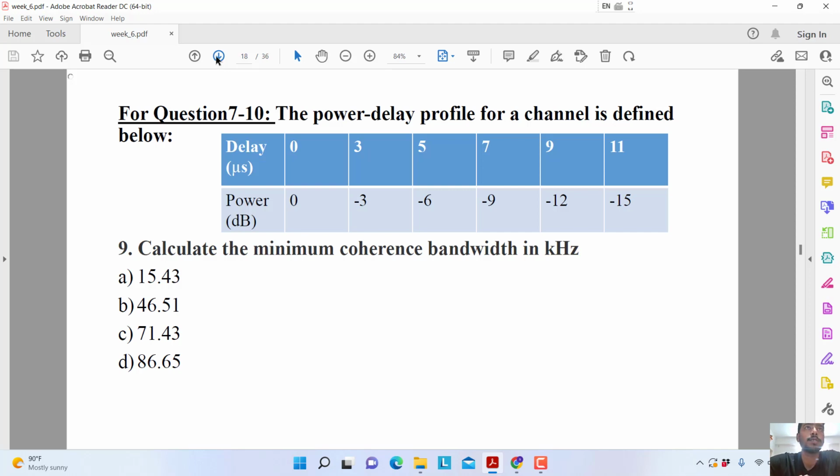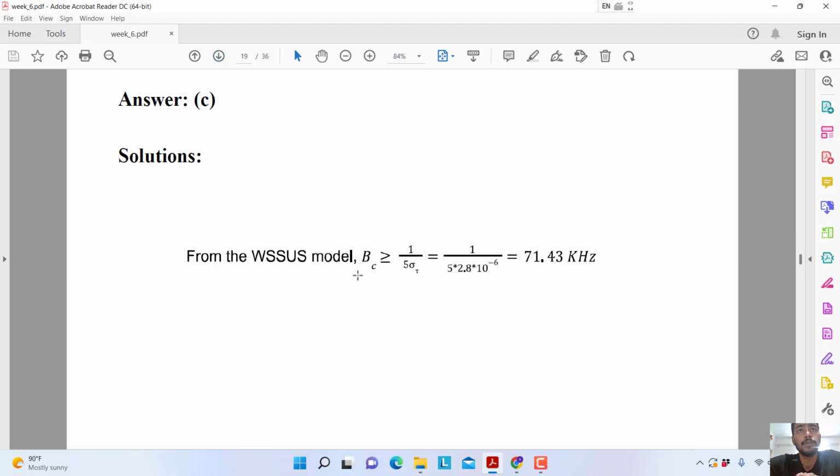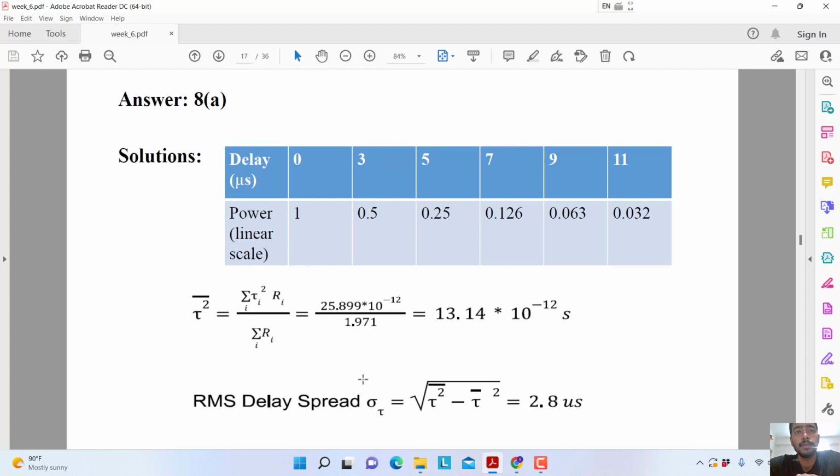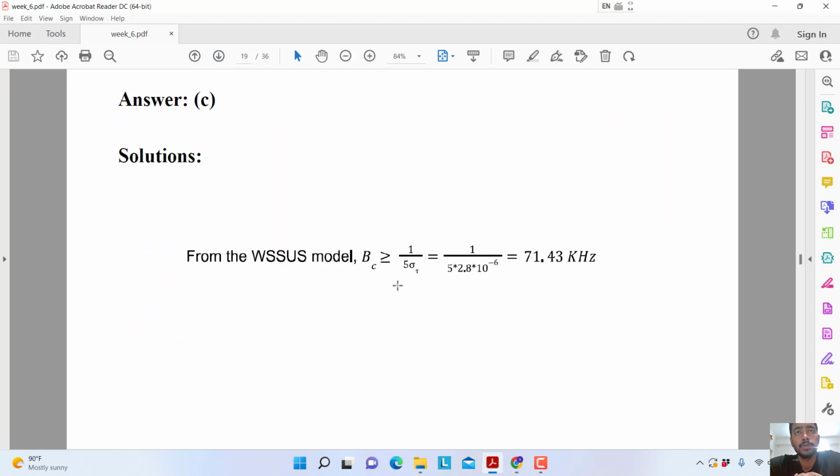Okay, now we see the solution of this question. We have to calculate the minimum coherence bandwidth. The condition is that it should be greater than or equal to 1 upon 5 sigma tau, where sigma tau is the RMS delay spread we calculated in the last question. So just put the value, 5 into 2.8 into 10 raised to minus 6.